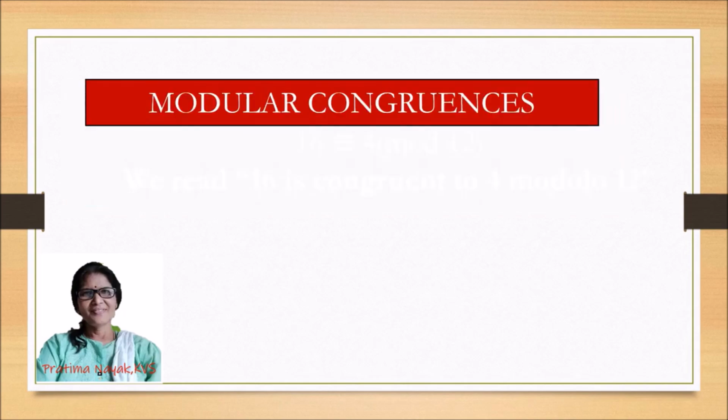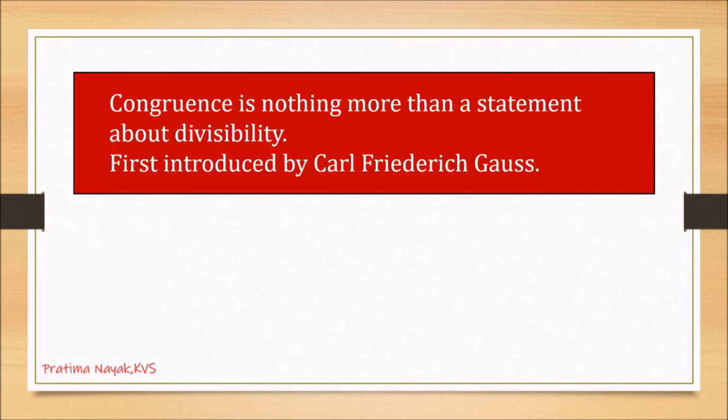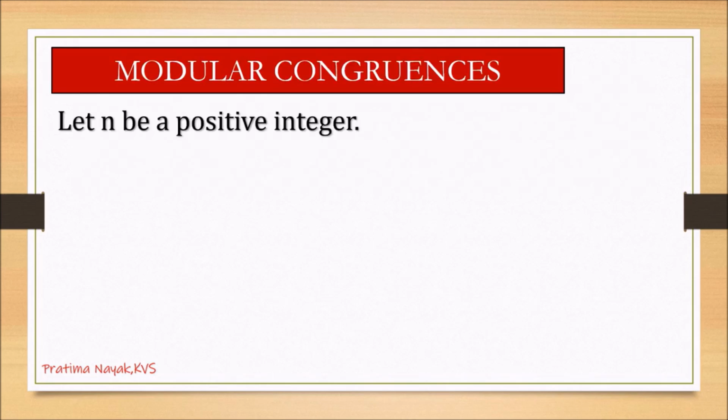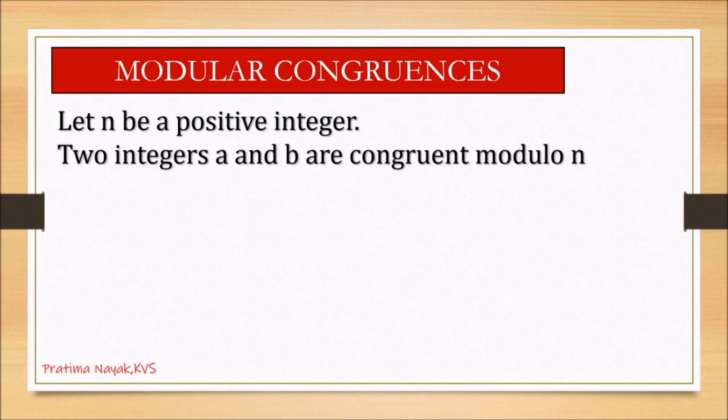Let us learn more. Today's video is about modular congruences. Congruence is nothing more than a statement about divisibility, first introduced by Carl Friedrich Gauss. Let n be a positive integer.